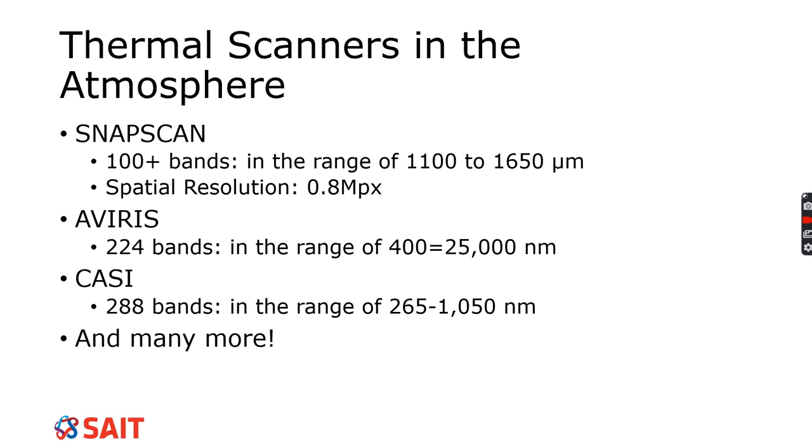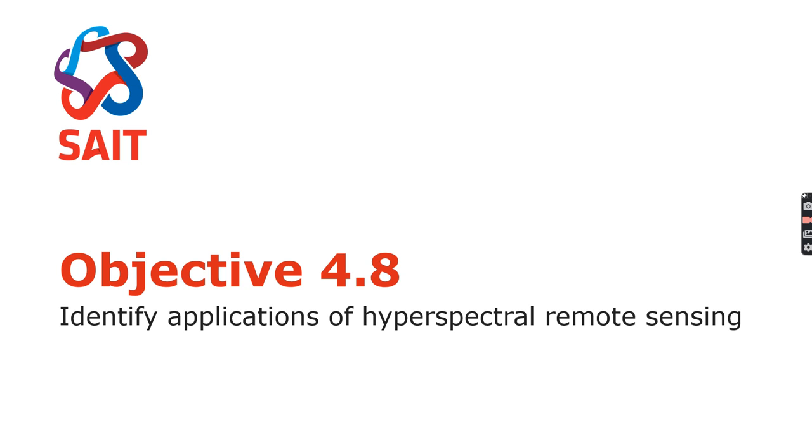It's got more than 100 bands. You can actually get them customized to what you want. They work with that. Avirus is 224 bands. Cassie is 288. You can see the different ranges that they work in the spectral region. But there's just like there's many more. Like anything to do with like on the Earth, anybody can go out and design one of these scanners. So there's lots of different kinds.